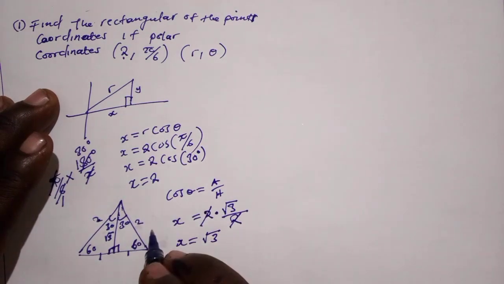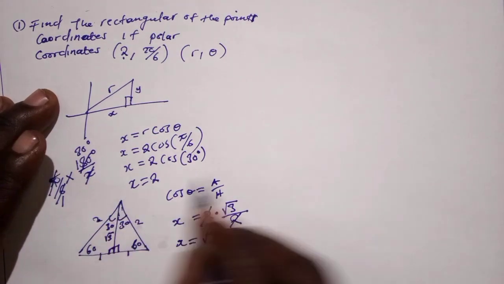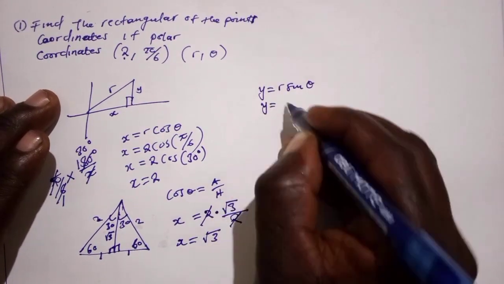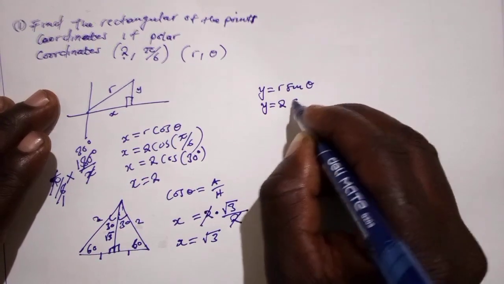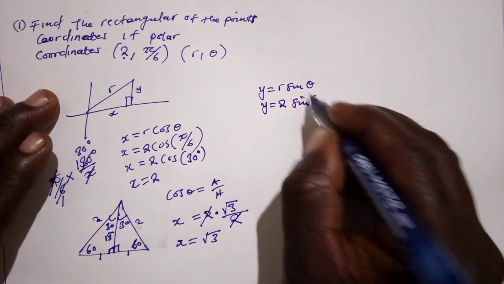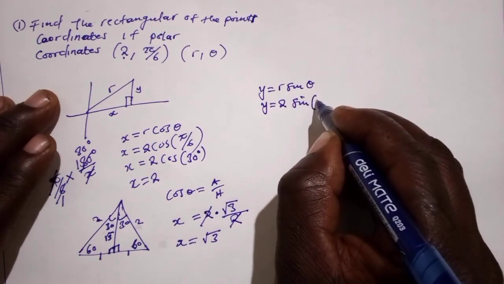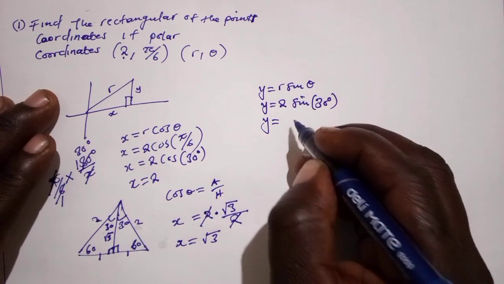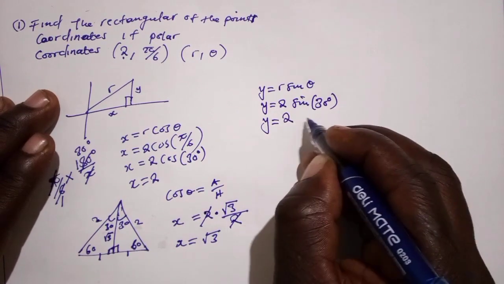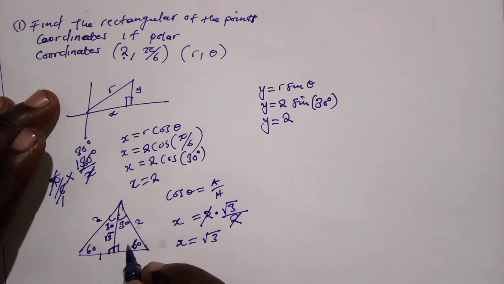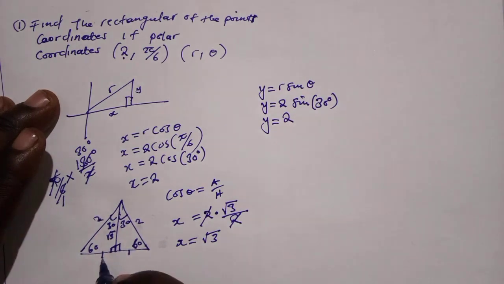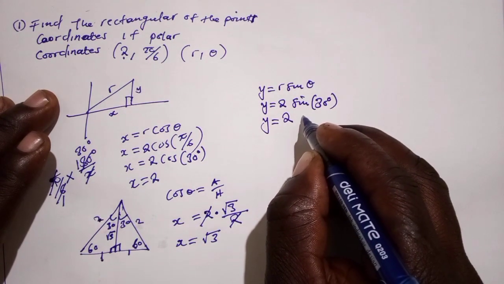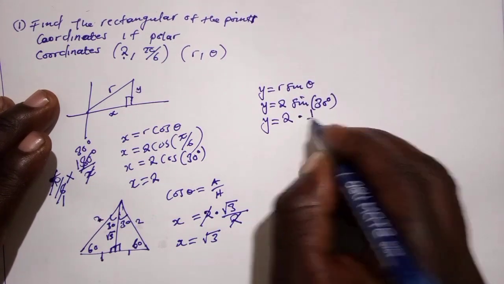So let's see the y component. For the y component, we substitute also here. For r we have 2 sin theta. Let's take 30 degrees here. Y equals 2, and from our special angles, sine is opposite over hypotenuse, which is one half.